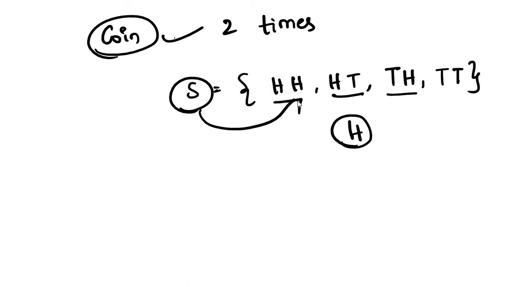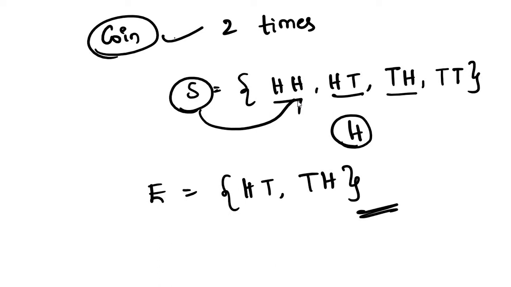This is nothing but the event. These two elements, HT and TH, form an event taken from the sample space. We know this event E is a subset of sample space S.